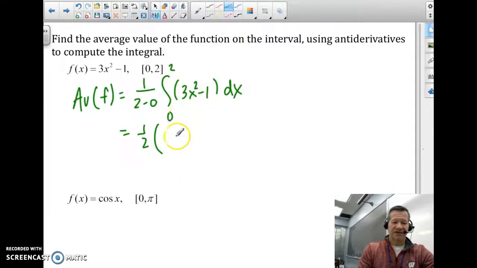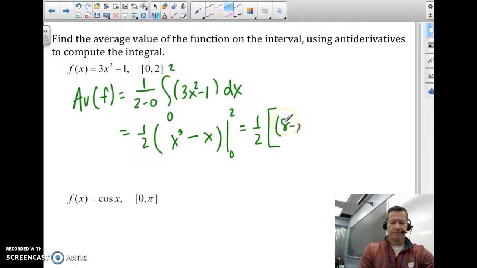So for 3x squared, add 1 to the exponent; 3 divided by 3 is 1, so 1x cubed. Minus the antiderivative of 1, which is x, from 0 to 2. So now I have 1/2 times: plug 2 in, I get 8 minus 2, minus, now plug 0 in, I get 0 minus 0. So 1/2 of 6, and that has a value of 3.